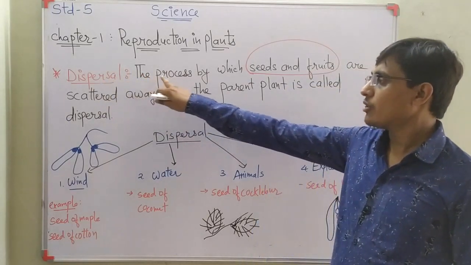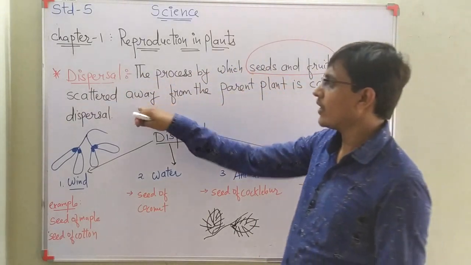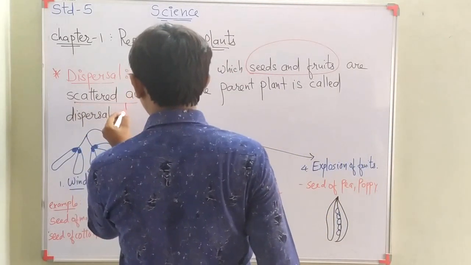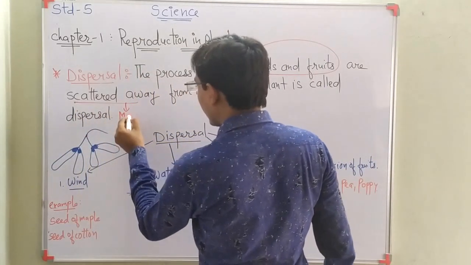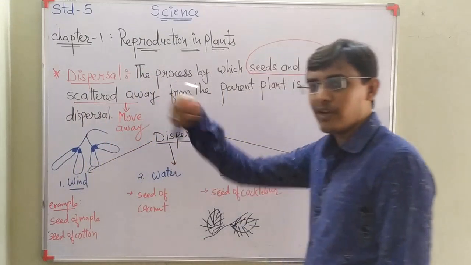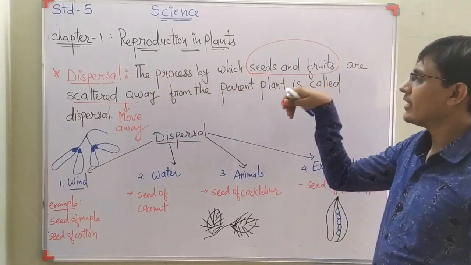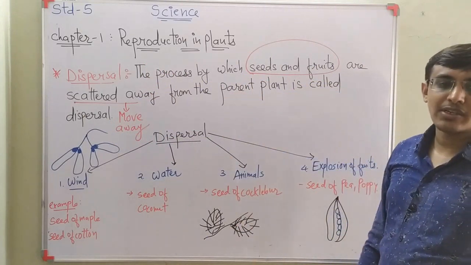The answer is the process by which seeds and fruits are scattered away. Scattered means to move away, very far away. These are called scattering or dispersal of the seed.